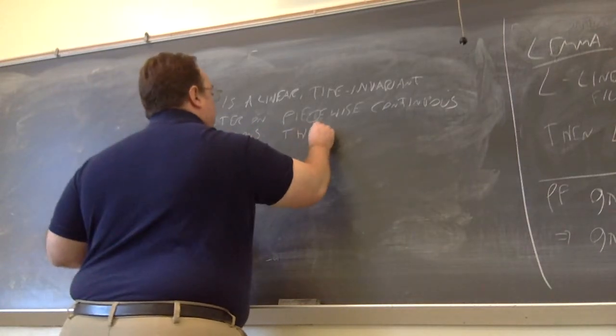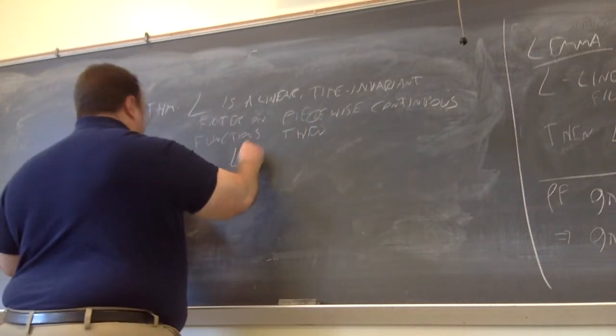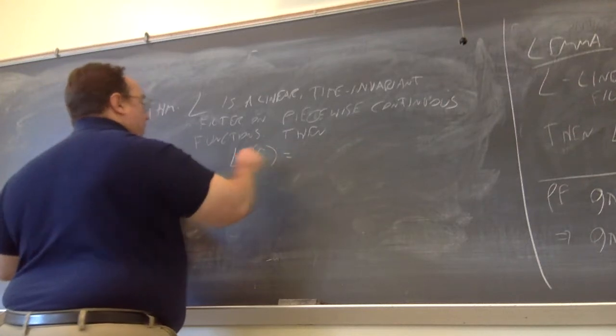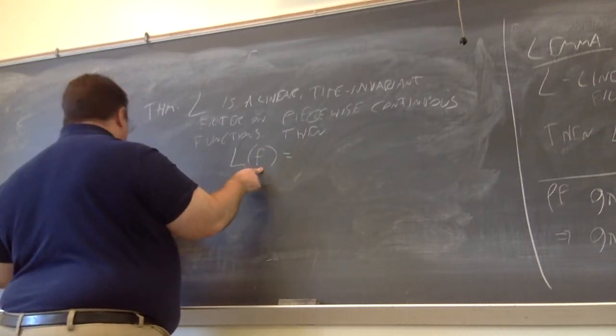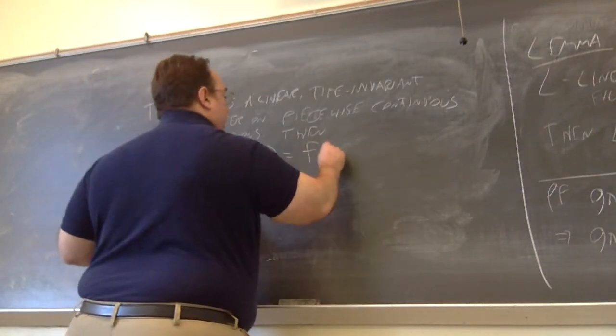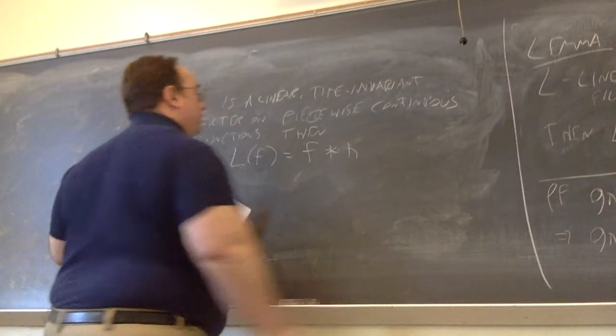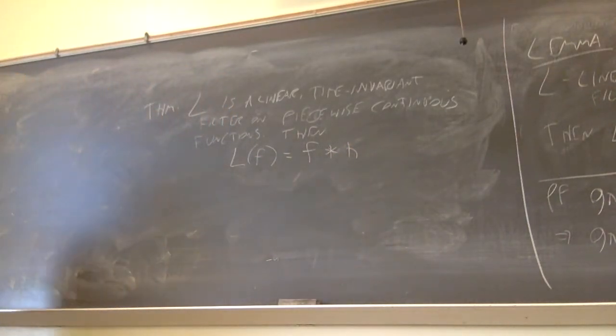Then we can say that the filter applied to such a function f is actually the convolution of f with some function h. So if you're talking about the space of piecewise continuous functions, not only are all convolutions time-invariant filters, but all time-invariant filters are convolutions. They're one and the same class.